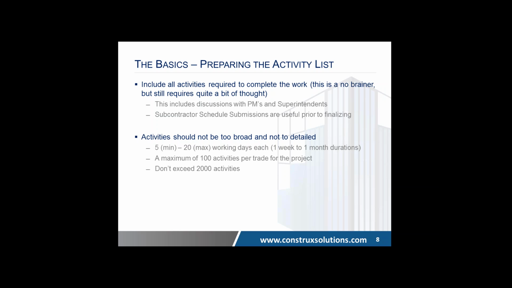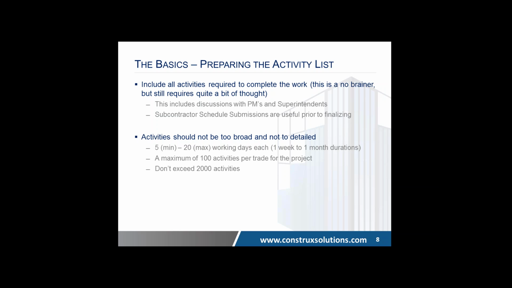The reason that I say this is, as I said before, I've seen schedules with thousands upon thousands of activities. I looked at a schedule a couple weeks ago, and it was, I don't know, 30,000 activities spread across 20 interrelated schedules.